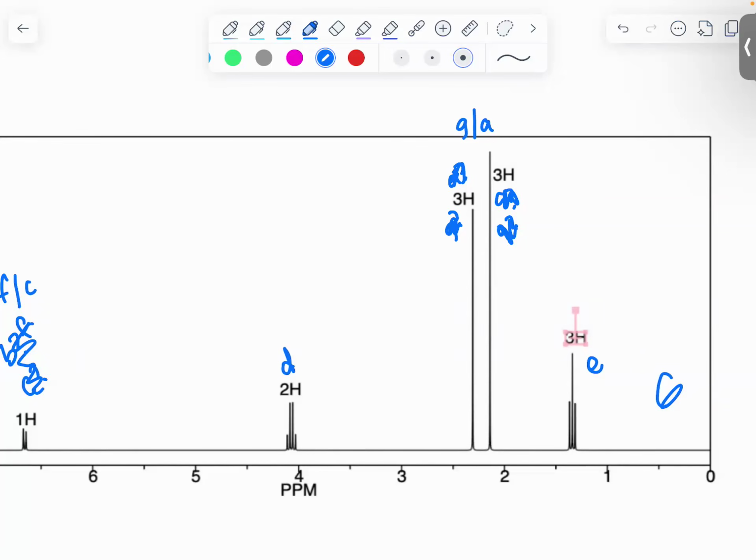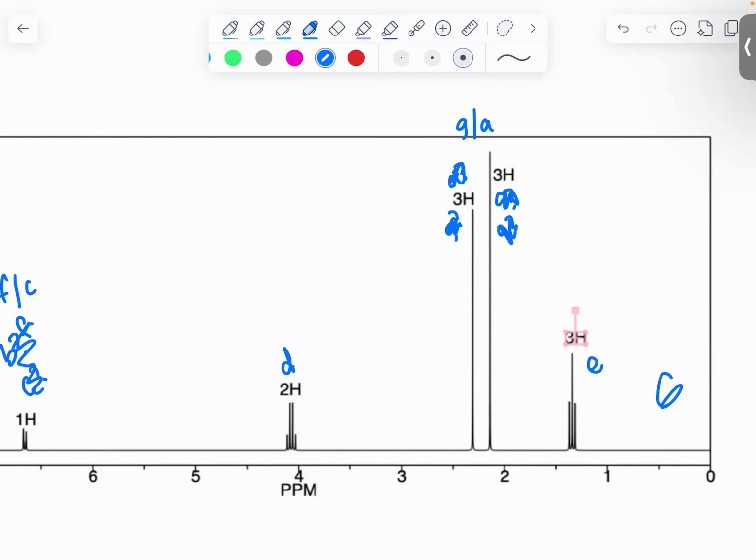Do we feel better about NMR now? Other questions on NMR? If you attack it with this same roadmap, you will always get them right.